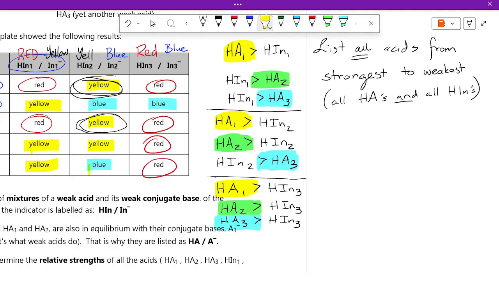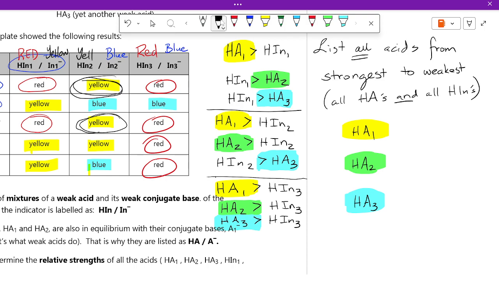And then who's next strongest? Green. And then who's next strongest? Blue. Okay, so we know that HA1 is stronger than HA2 is stronger than HA3.